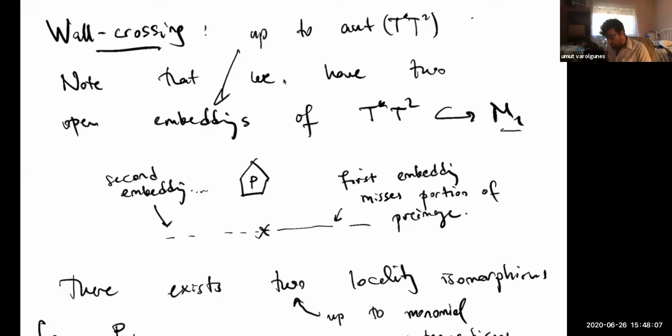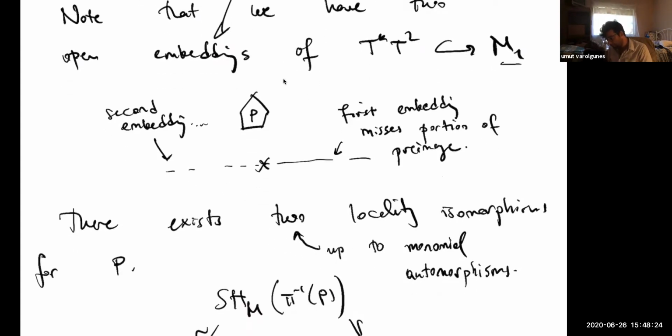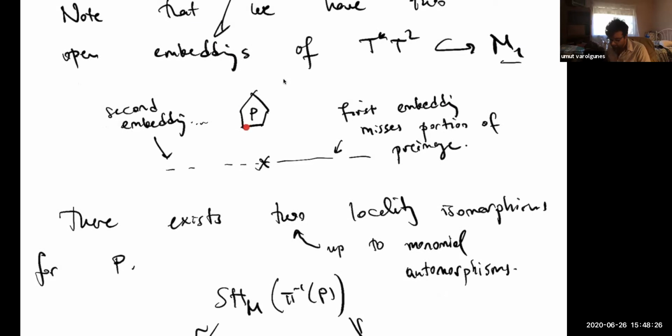Now, I know that those embeddings can be chosen so that on the upper half plane, they both look like identity. On the lower half plane, they won't look like identity. But on the upper half plane, I can make them look like identity, well, on any compact subset contained in the upper half plane.